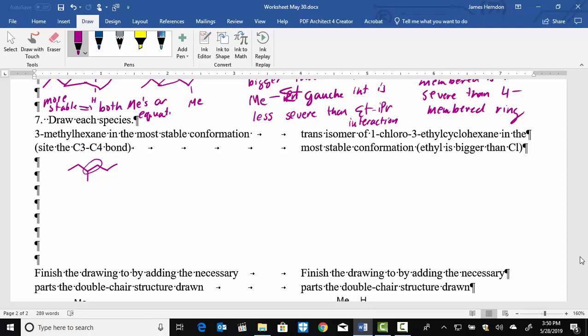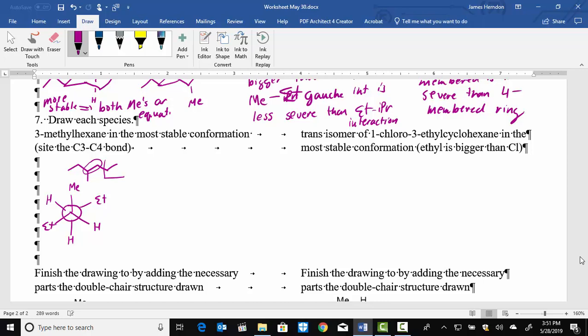We're not necessarily going to draw the right answer the first time we do this, but let's just draw a couple of things here first. Okay, so if this front one is C3, it's going to have a methyl, an ethyl, and hydrogen. And the back one is going to have hydrogen, hydrogen, and ethyl, right?